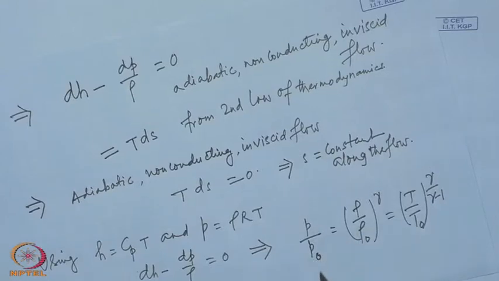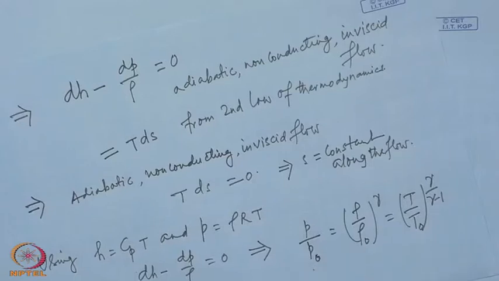These relations can also be thought of as an alternative form of the equation of state for a perfect gas in isentropic flow.